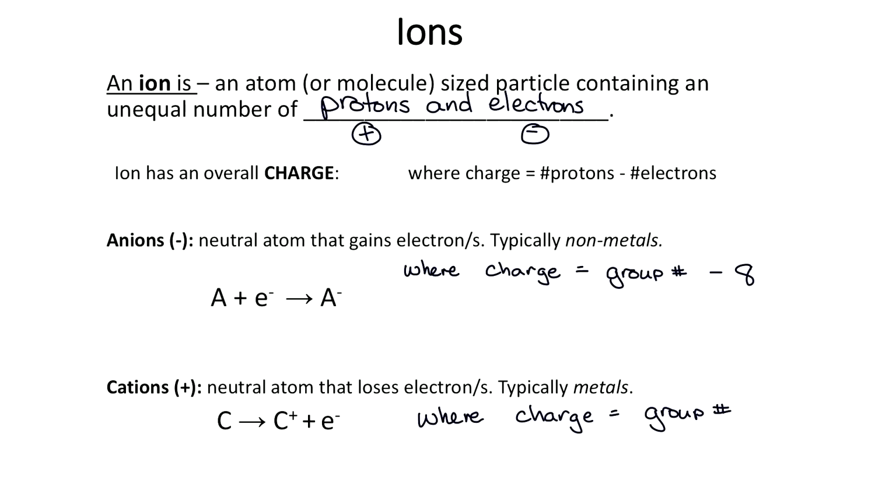And so here's the nomenclature for ions. When things are charged, they can either have a positive or a negative charge. So in general, when we talk about things that are negatively charged, we call those anions. So anions have more electrons than they do protons in order to get that negative charge. Cations, on the other hand, tend to lose electrons, so they end up with that positive charge.